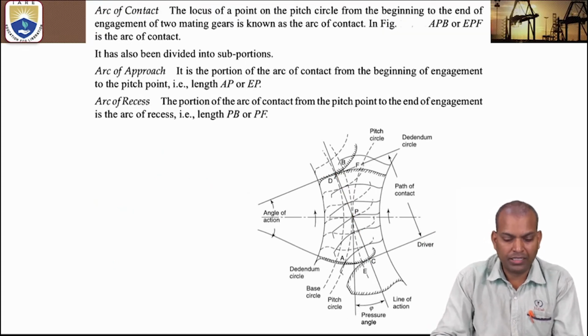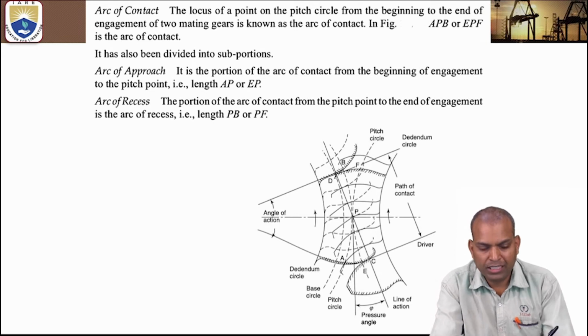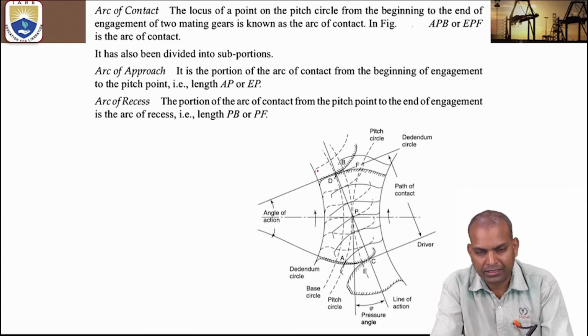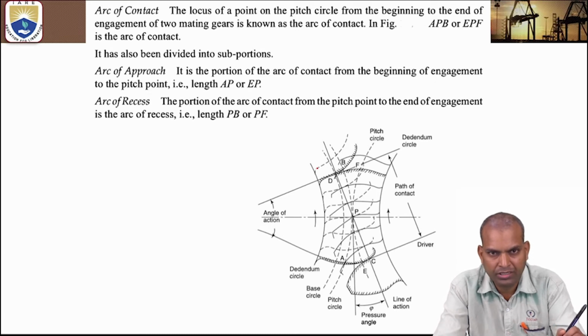And arc of contact. The arc of contact is the pitch circle arc from the point of engagement to the end of engagement. So there are two types of arc of contact: the arc of contact for the driver and the arc of contact for the follower.